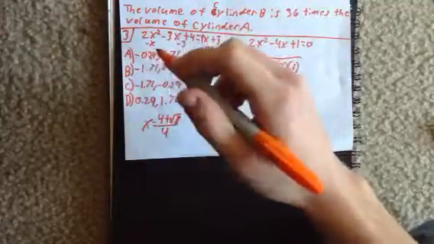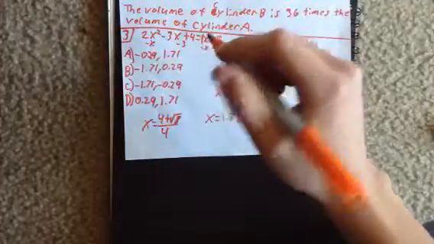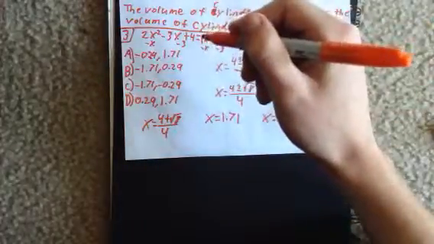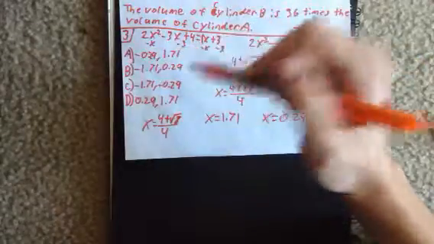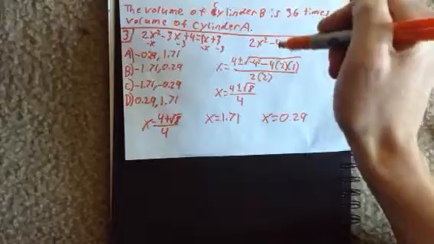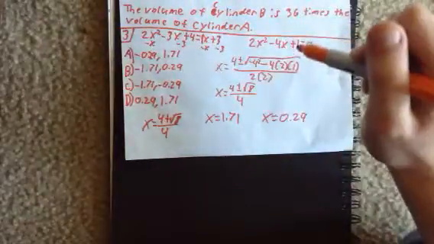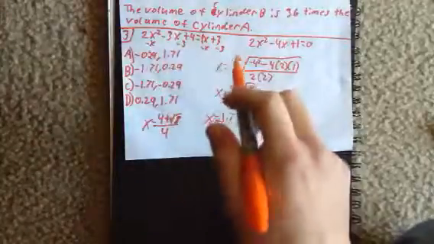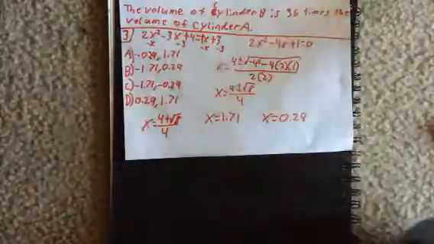Negative 3x minus 1x. Remember that whenever you have a variable, there's an invisible 1 in front of it. So negative 3x minus 1x equals negative 4x. 4 minus 3 equals 1. So our new equation is 2x squared minus 4x plus 1 equals 0.